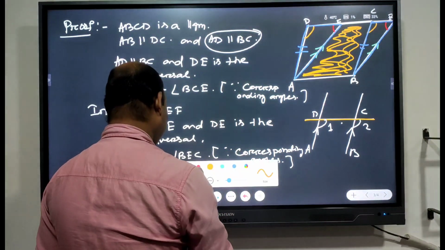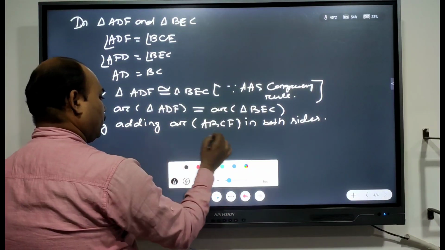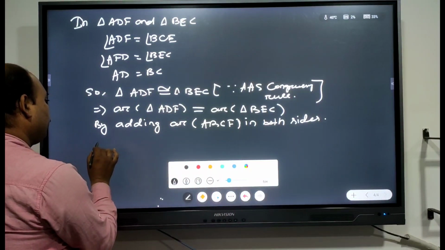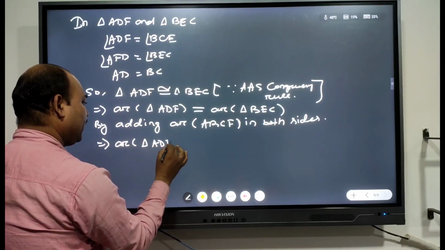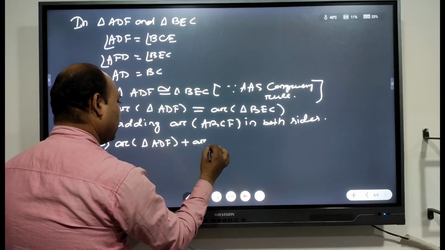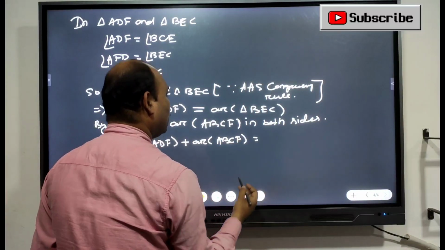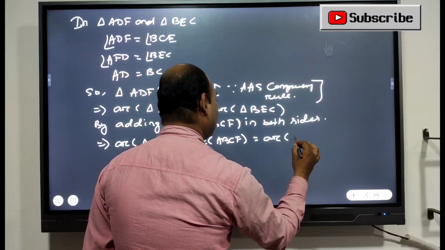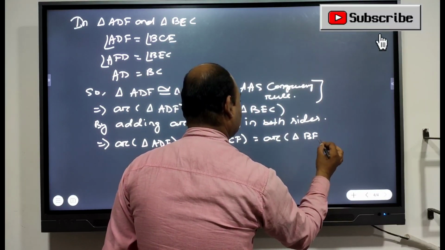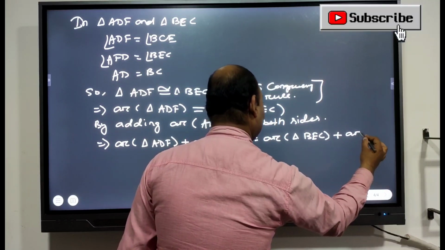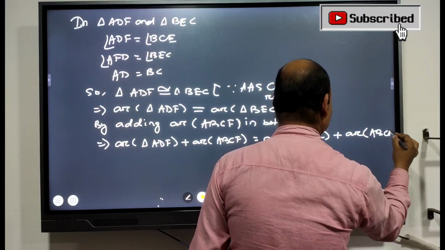When we are adding to these two triangles, what will we get? That implies area of triangle ADF plus area of quadrilateral ABCF is equal to area of triangle BEC plus area of quadrilateral ABCF.